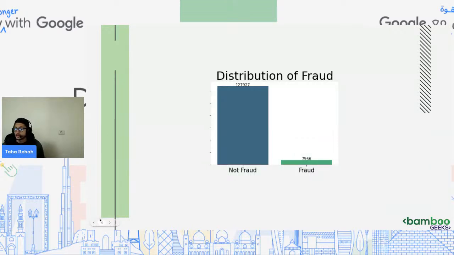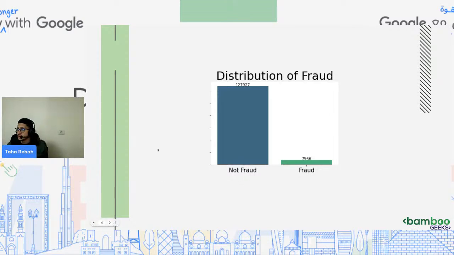The first problem we are going to encounter is this: if we train our model on this imbalanced dataset, just with those numbers, without any pre-processing or imbalanced dataset handling techniques, we are going to find something like this.